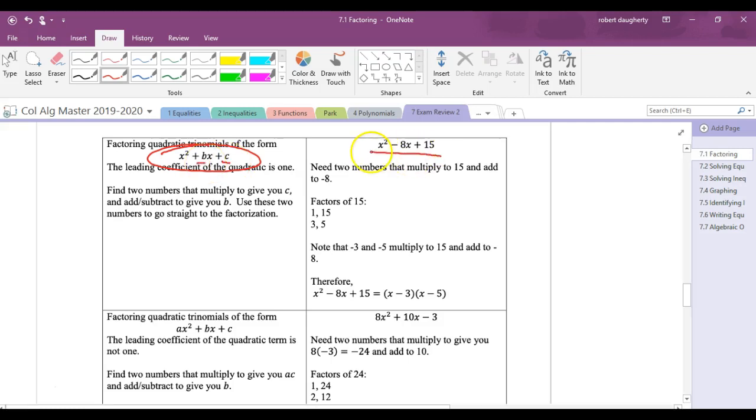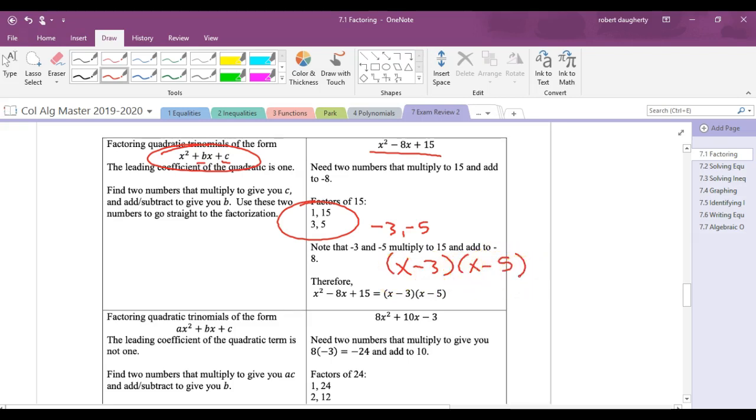So for example, I need two numbers that multiply to 15 and add to negative 8. If they multiply to 15, the only choices are 1 and 15, 3 and 5. The only way to get to a negative 8 is if I use a negative 3 and a negative 5. So my answer is just going to be x minus 3, x minus 5, and I'm done with that factorization.